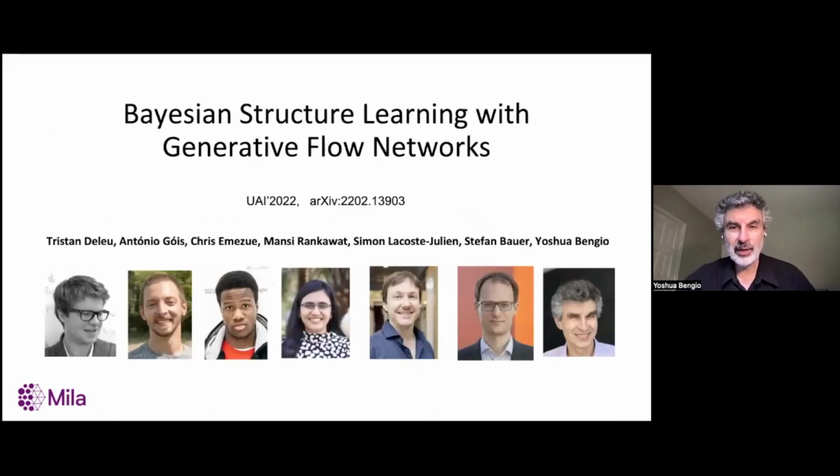We have a first paper in that direction that is to be presented at UAI 2022. It's called Bayesian structure learning with generative flow networks. It's only a small step in the direction that I'm talking about. It only focuses on learning the graph. But some of the things we're working on now involve generalizing this to learning also the mechanisms.